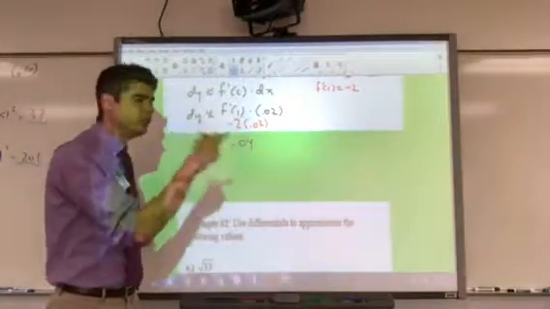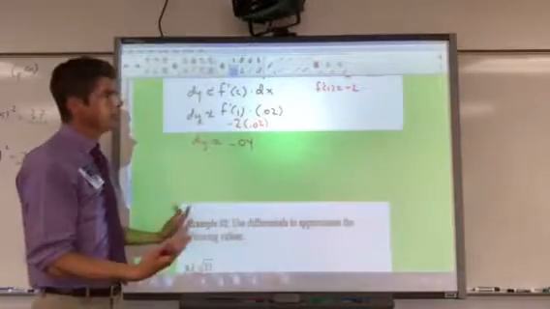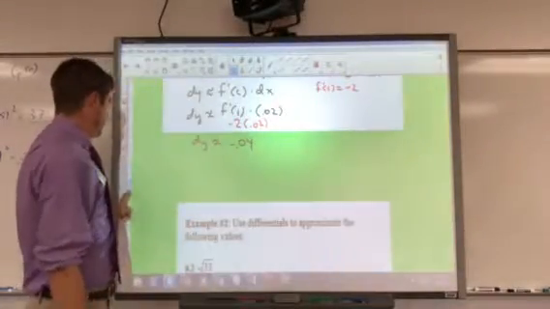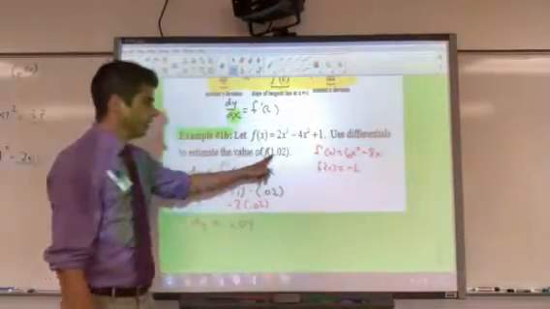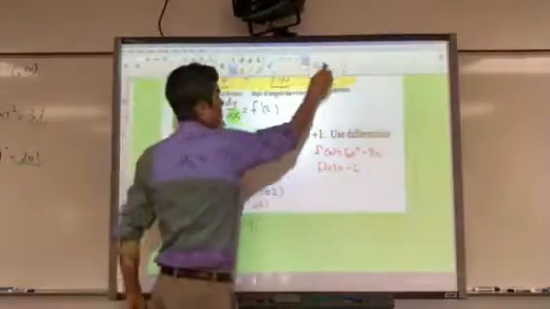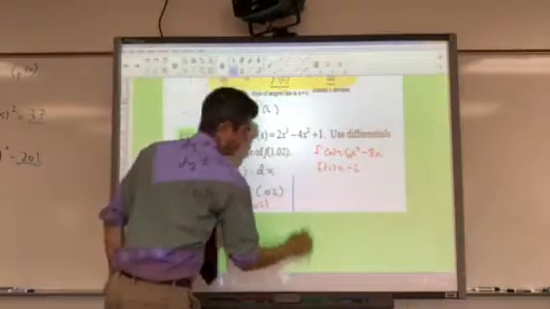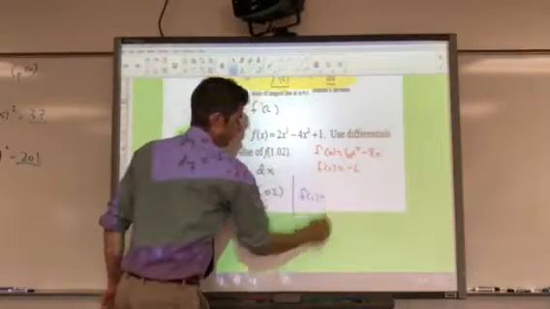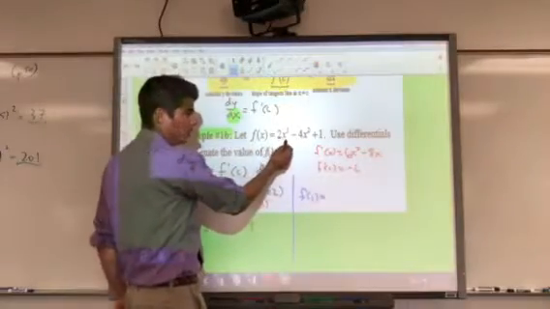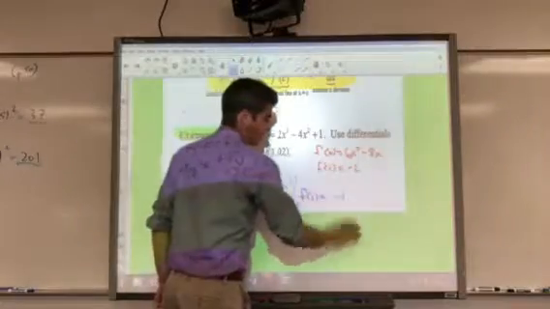So if you knew what you should have gotten, this is how much you add to that true value or to the tangent value. If you actually put 1 into this function and found f of 1, we did this before, it should be negative 1. 1 cubed is 1, times 2 is 2, 2 minus 4 is negative 2, plus 1 is negative 1.